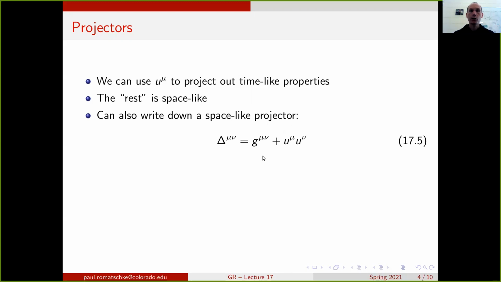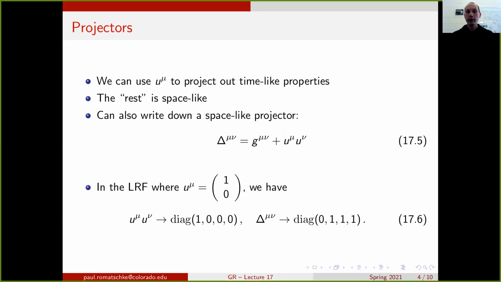It is maybe most straightforward to visualize this by going to the so-called local rest frame, where we take U^μ to be simply the vector (1, 0). If we do this, then in the local rest frame, the combination U^μ U^ν just goes over to a diagonal tensor that has a 1 in the 0,0 entry and zeros everywhere else.